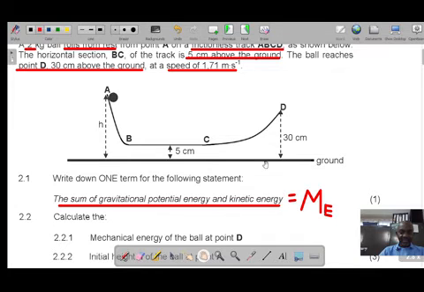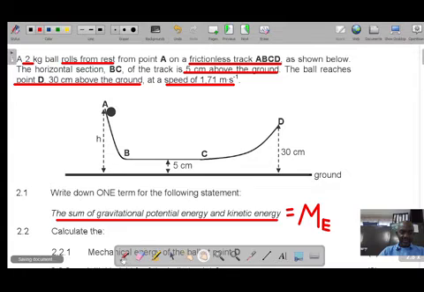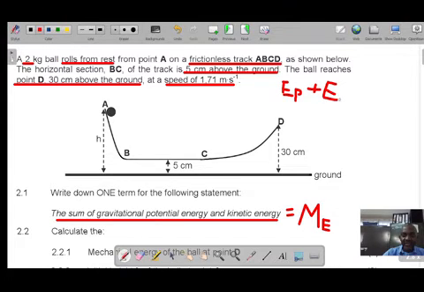So at point D, E mechanical is given by EP at point D plus EK at point D. EK is kinetic energy and EP is potential energy.